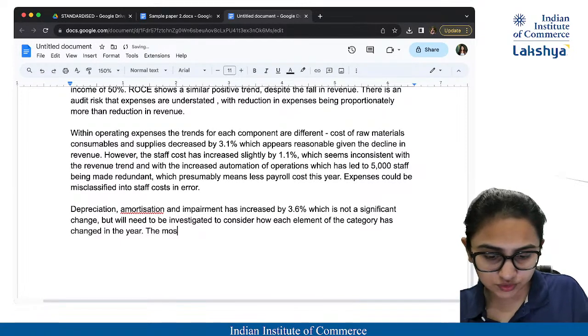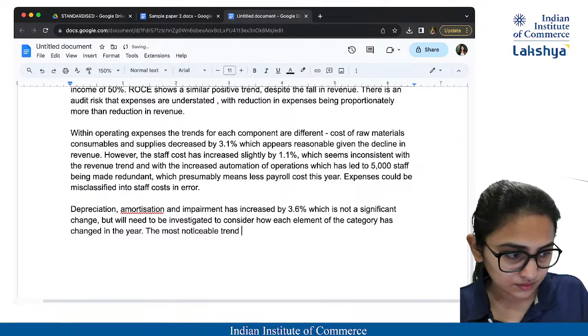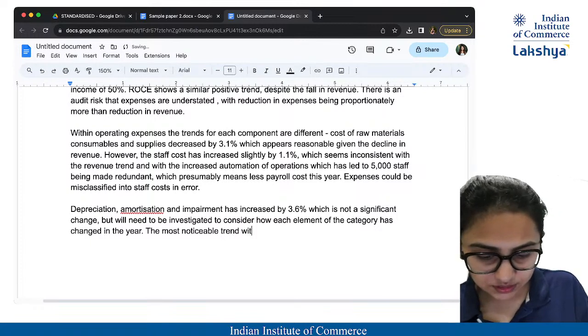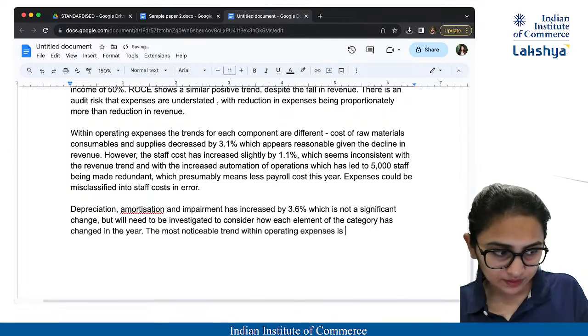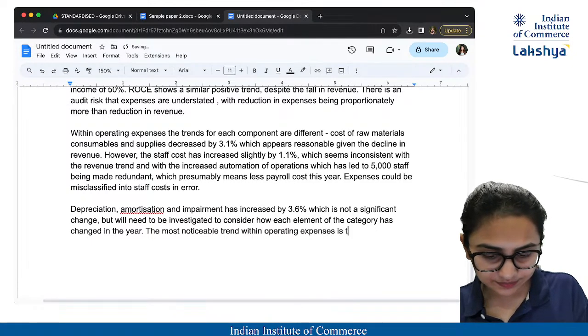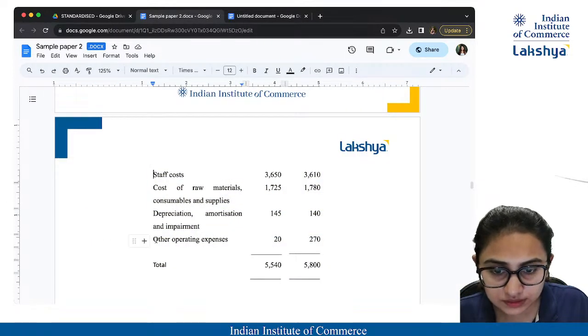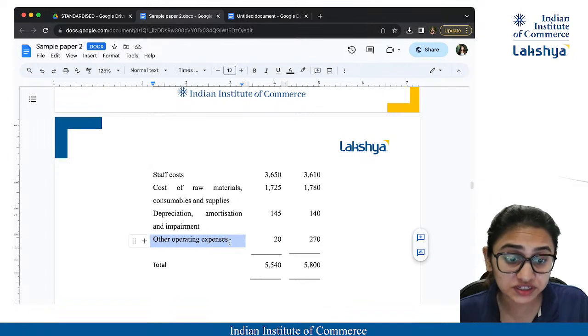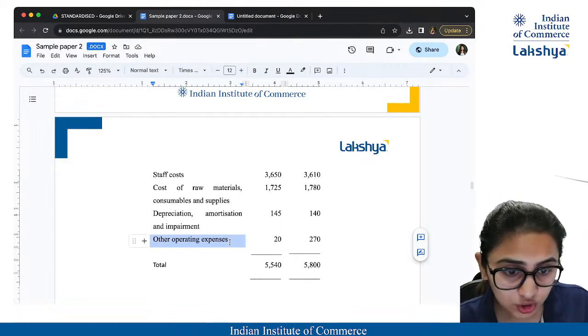The most noticeable trend within operating expenses is that, directly from 270, it is becoming 20.